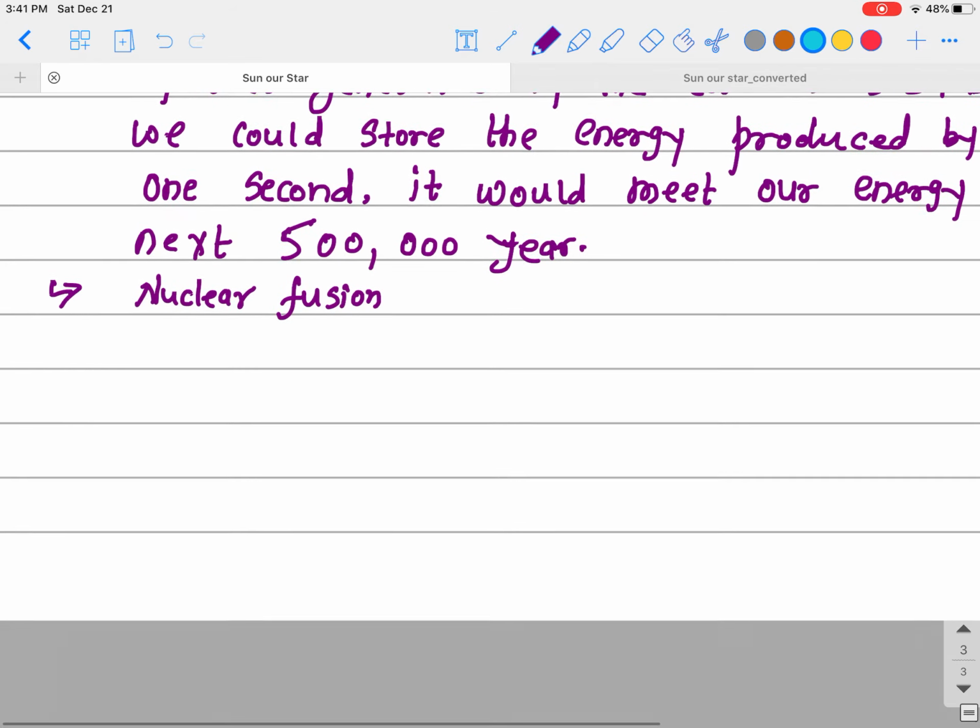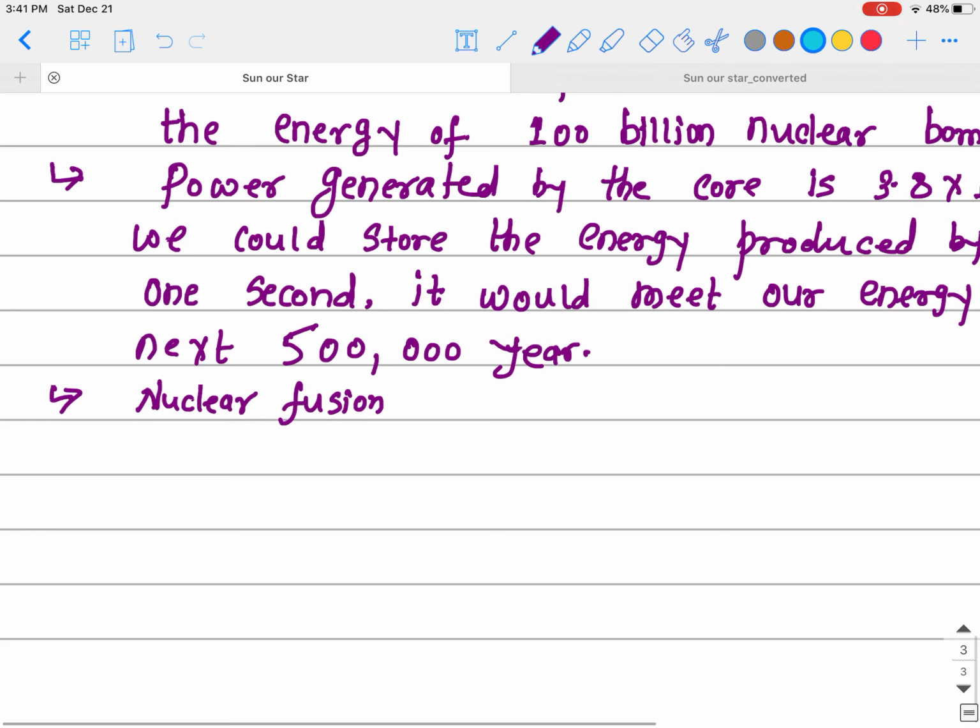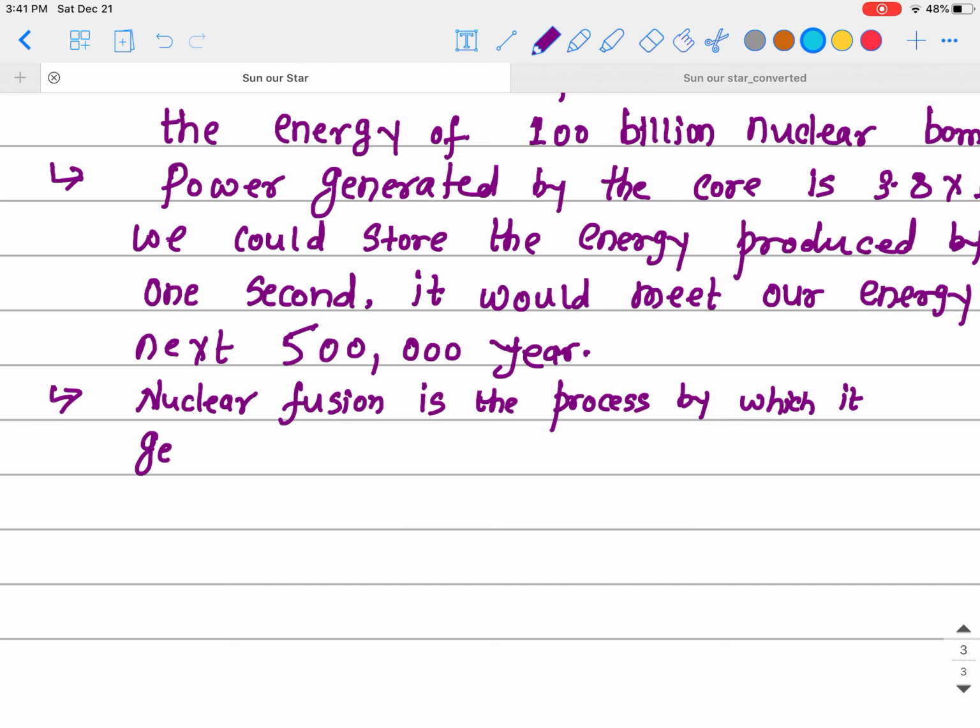Nuclear fusion. So if you calculate mathematically, the sun can still provide us energy for another 5 billion years.